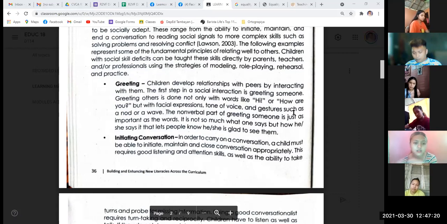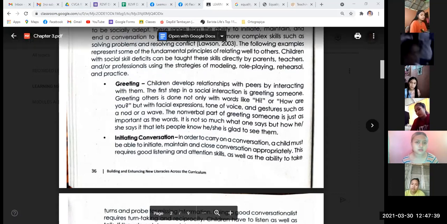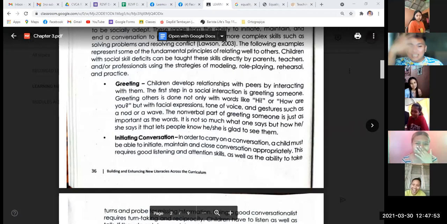We learn how to greet, but hindi lang naman basta hi, hello ang pagbati. Simpleng pagtango, the gesture, the movement. Kasi halimbawa, when I say hi, hello, if you're not seeing my face, if you're not seeing my facial expression, you'll have different interpretation, right?